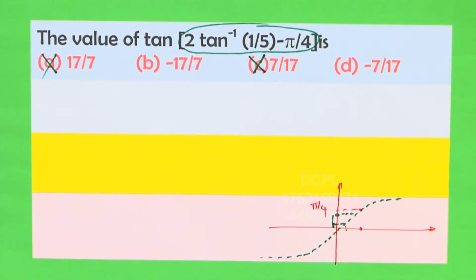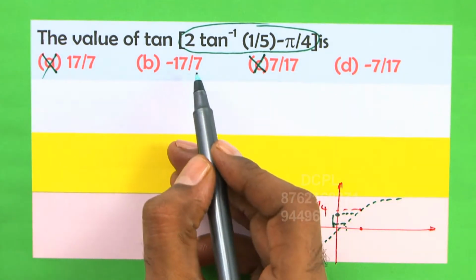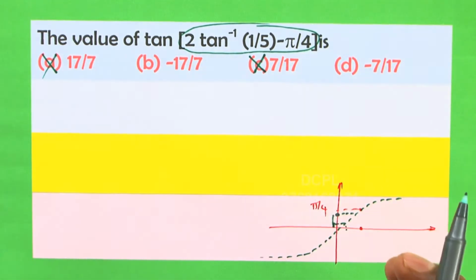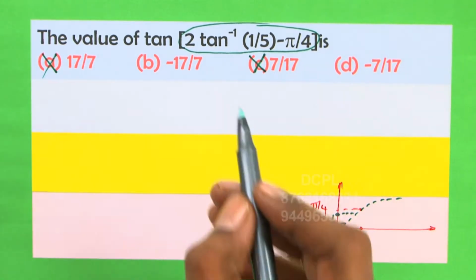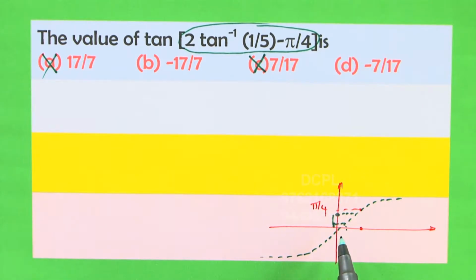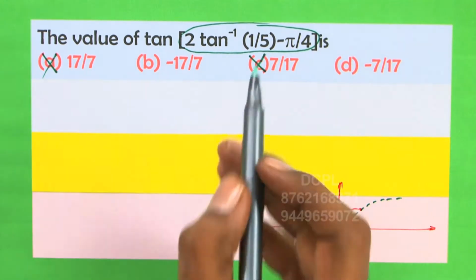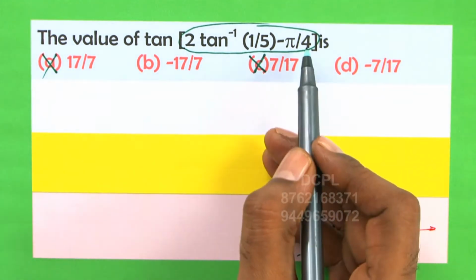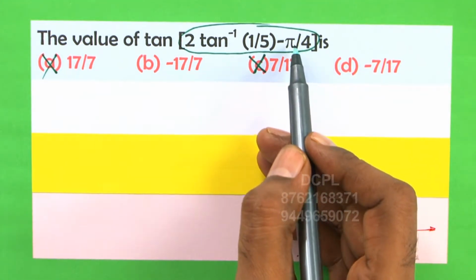Now the question arises whether it is minus 17 by 7 or minus 7 by 17. You can observe one thing, dear students. This is tan of a number which is very small, nearly equal to, even if you consider twice of 0.2, right? This you call this twice of 0.2, 0.4 minus pi by 4.